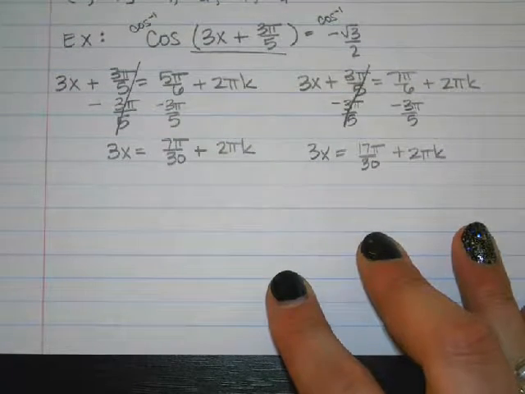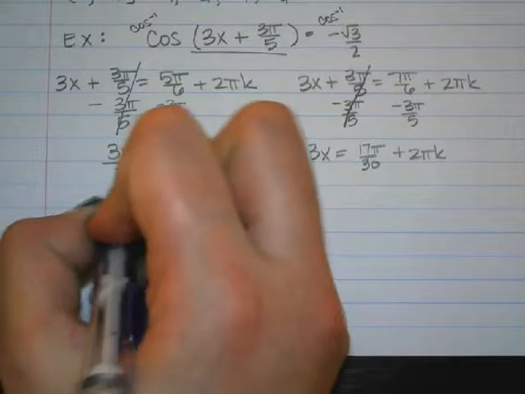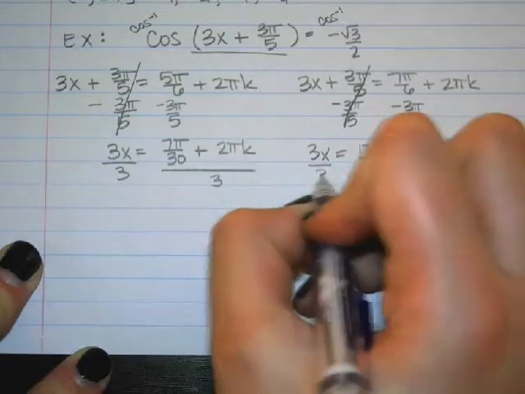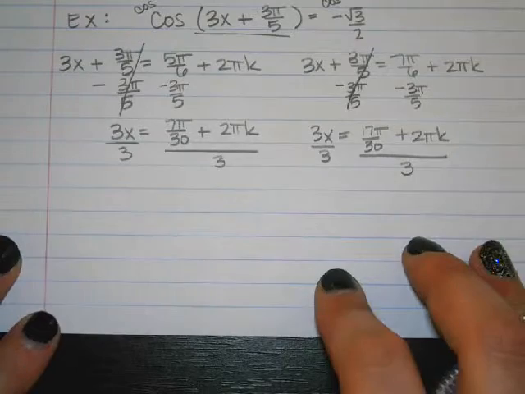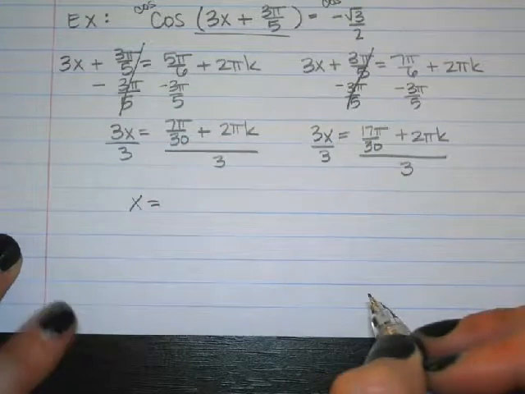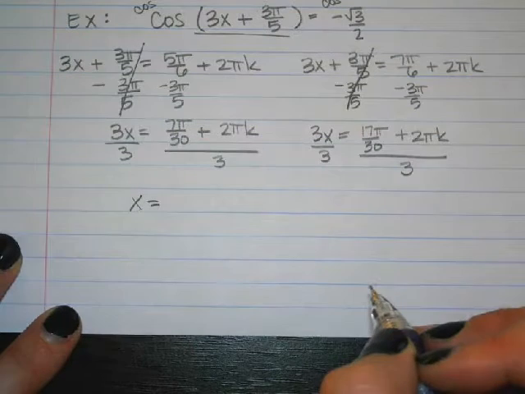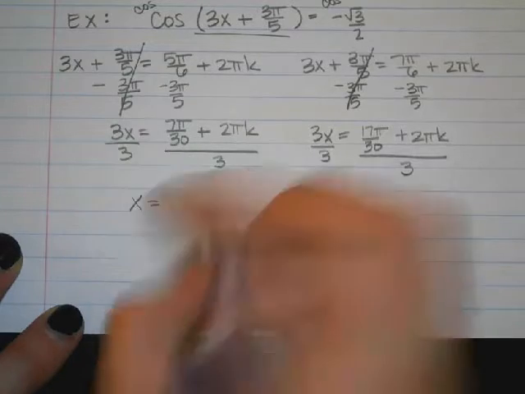And what do we do next? Divide by 3. So x equals 7 pi over 90.